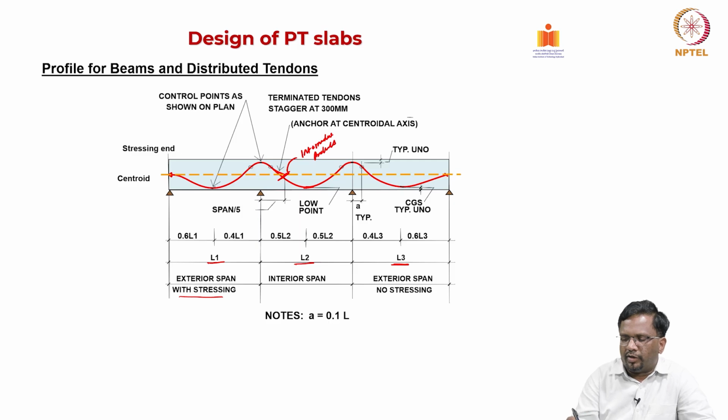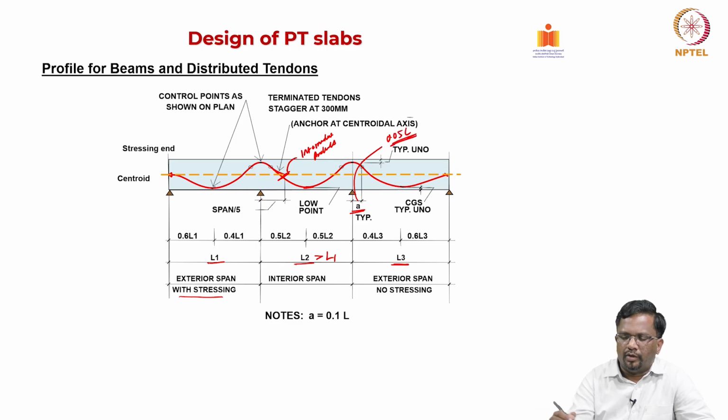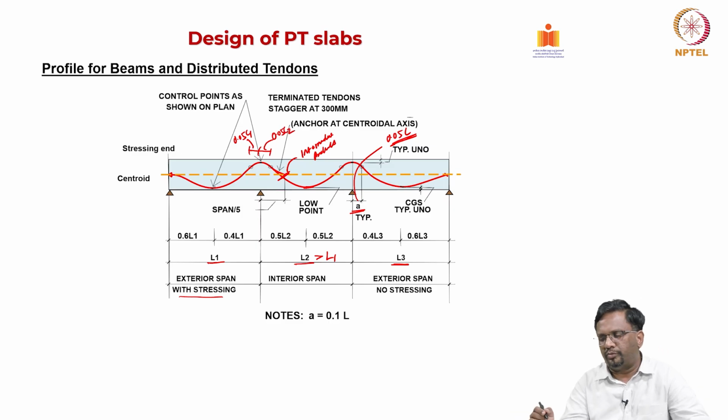Okay. For example, let us say if this L2 is very large compared to L1, then only for this location I can add some additional cables as well, but you have to plan it well, right. And again, as we have said, at this A location, the reverse parabola, typically it is 0.05 times L. In either location, this and this will be 0.05 times L1, and this will be 0.05 times L2, right.